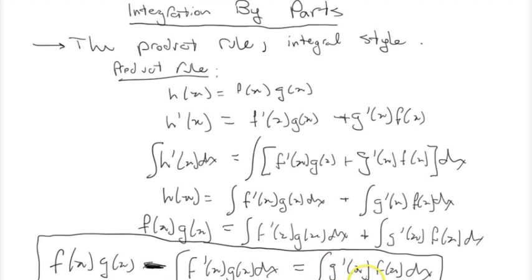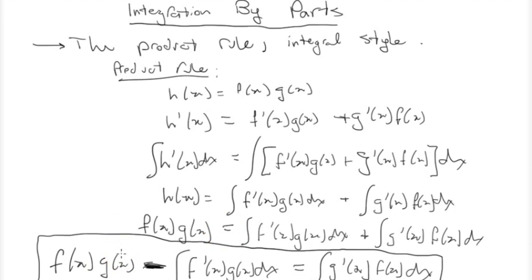So you define this one as the most complicated function you can integrate, and the other as the quote-unquote normal function, the f. Then you take the derivative of the f and put it in an integral, multiply it by the integral of the more complicated function, and so that's all in an integral, you multiply it, and then you subtract that from the product of the two quote-unquote normal functions. And you can write it like this.